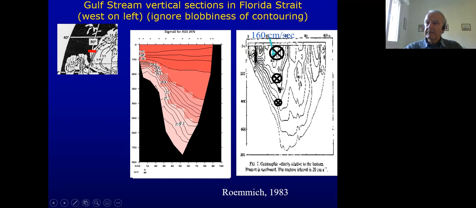When you go deeper and deeper, this northward flow becomes weaker and weaker, because the horizontal pressure gradient due to the density distribution weakens the original horizontal pressure gradient due to the sea level slope. So this is how both the horizontal and vertical geostrophic flow looks.